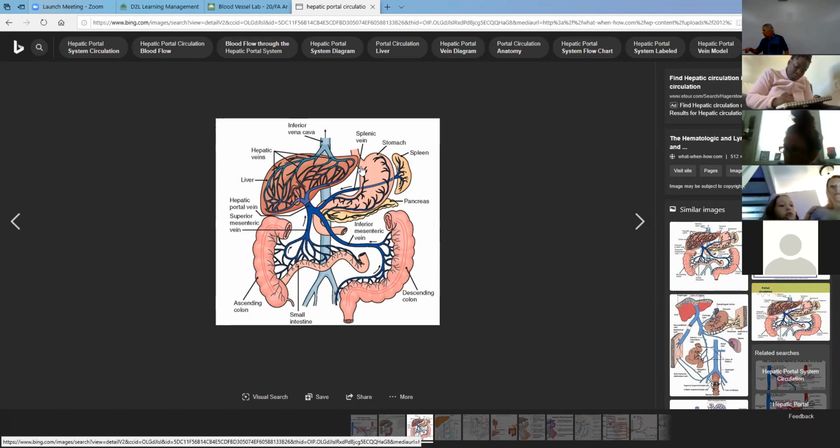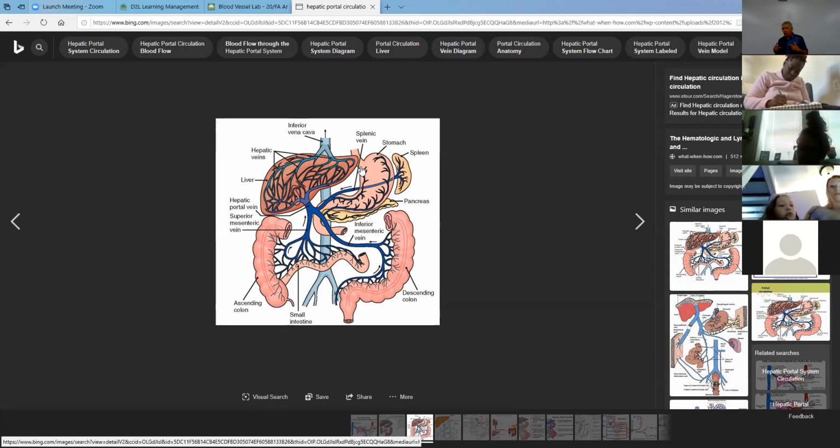This hepatic portal system is another portal system, and we'll talk more about it when we get to the digestive system. Your intestines have a set of capillaries in the villi, and everything that you eat, that you digest, gets absorbed into these capillaries.